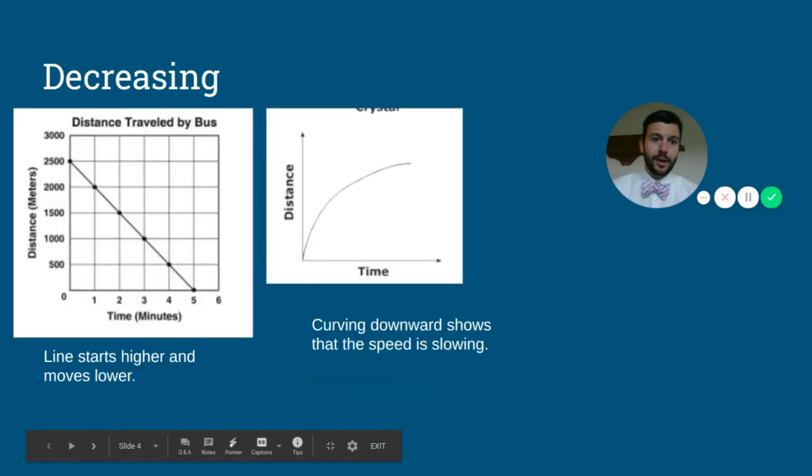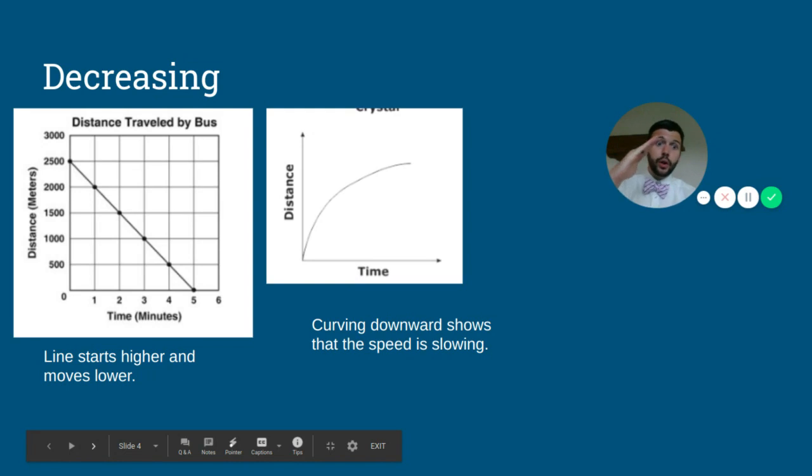So now when we talk about decreasing, that line in the first one, the larger one, the straight line, boom, it starts higher and then moves lower. And that shows a decrease. But the other one, you can see where it's curving downward, it shows that it's slowing down.